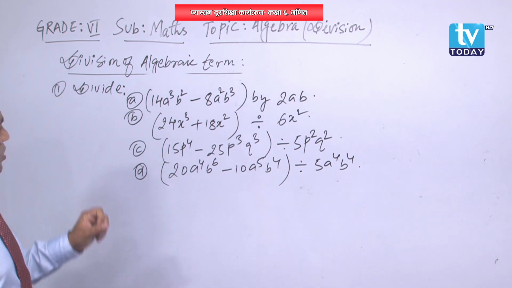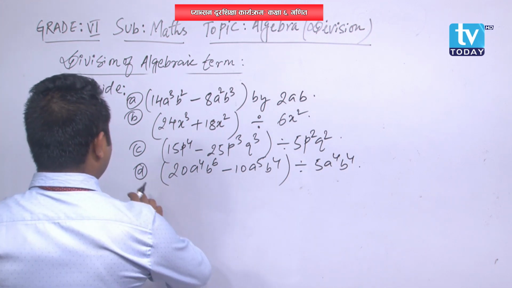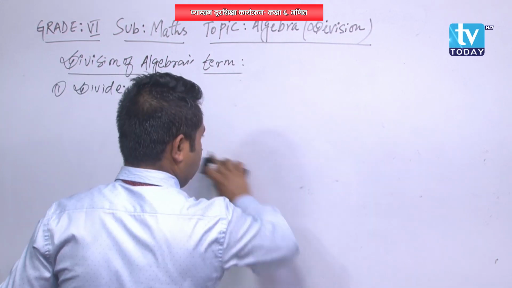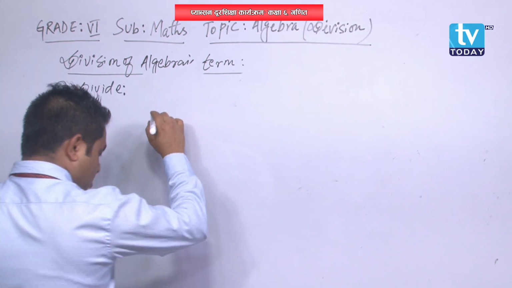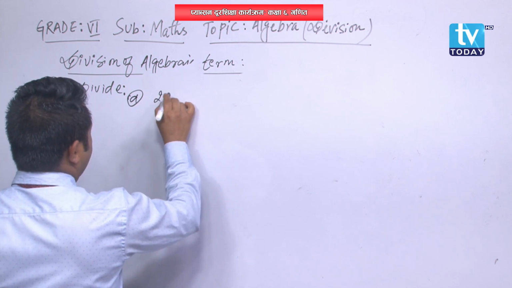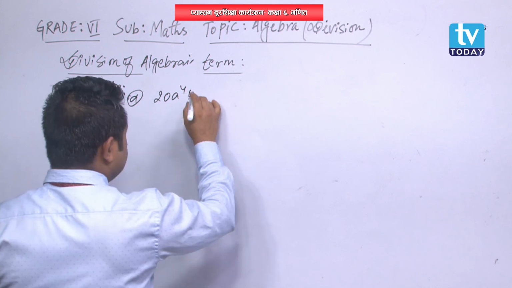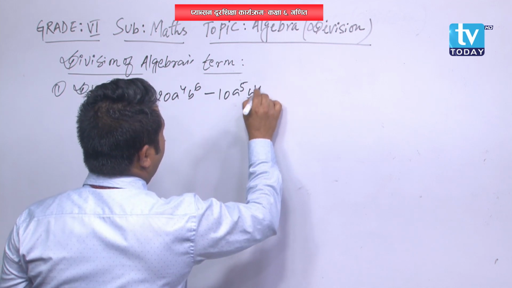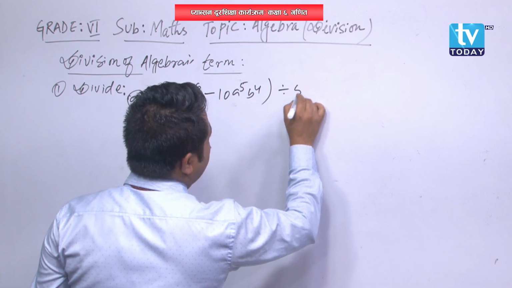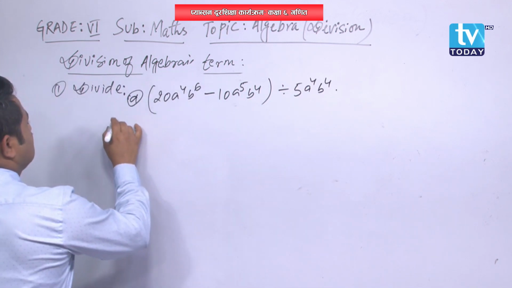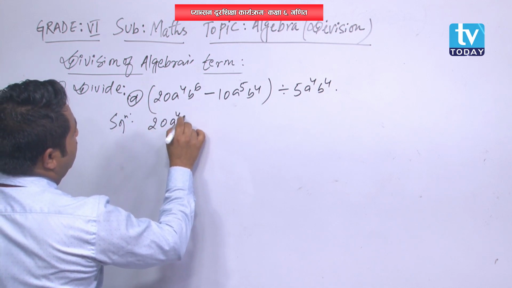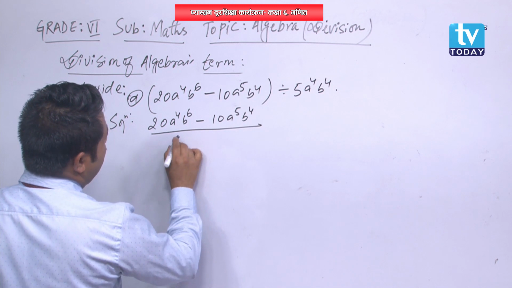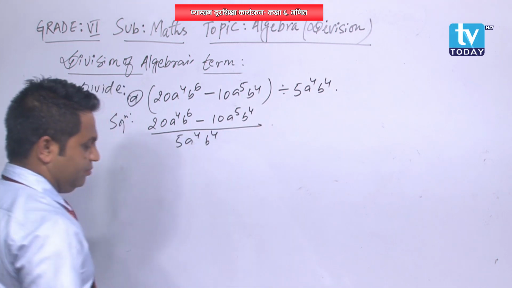Now out of 4 questions, I will solve one question once again. Let me do question number D. Solution: 20 a to the power 4 b to the power 6 minus 10 a to the power 5 b to the power 4 divided by 5 a to the power 4 b to the power 4.